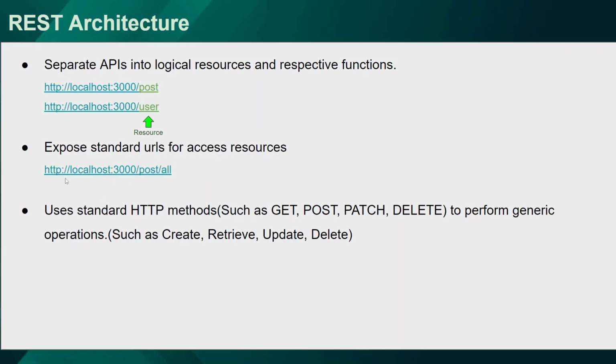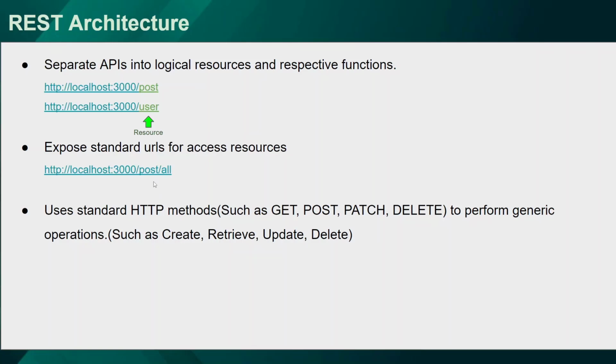For example, let's say this is http://localhost:3000/post/all. The first segment is the base URL of your website or your service, and post stands for a specific resource component that you have, and all stands for a specific function within that resource, right?